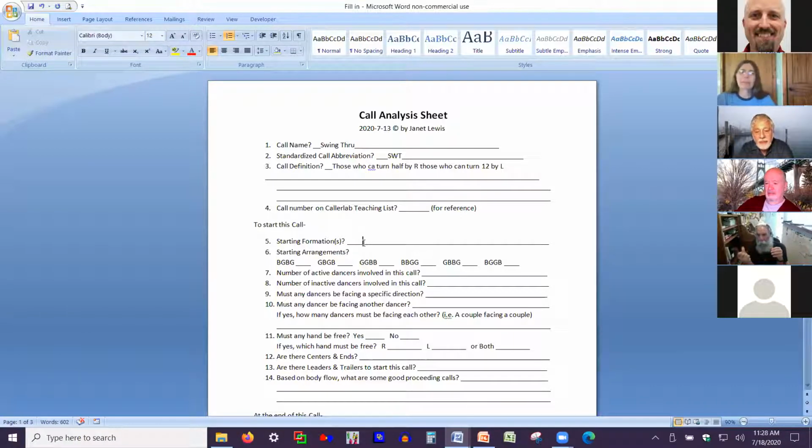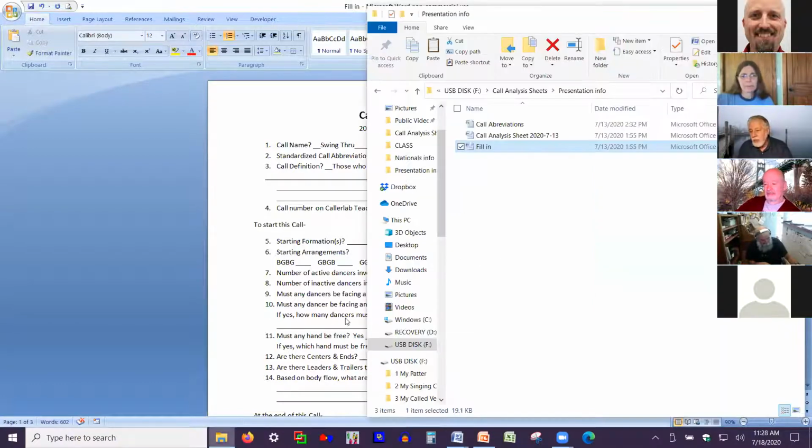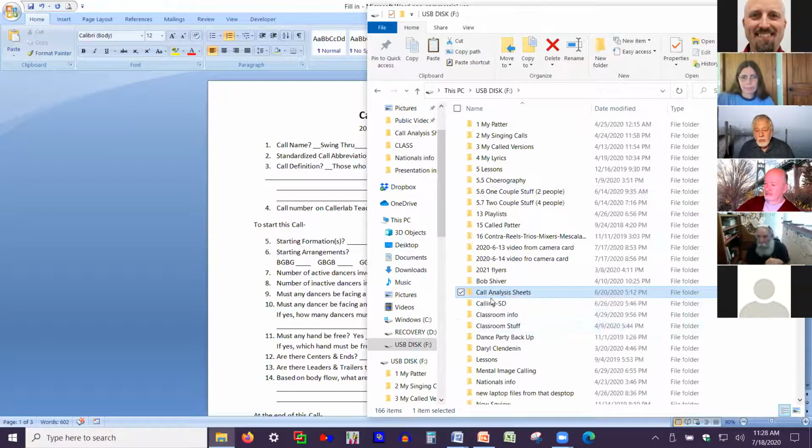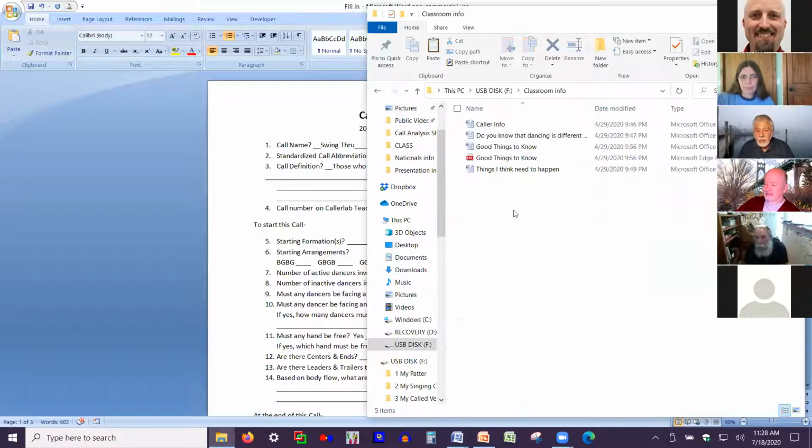There are some calls where that rule changes according to your level, such as recycle. You can only do restricted formations at mainstream, but in plus and above, you can do it from facing couples.